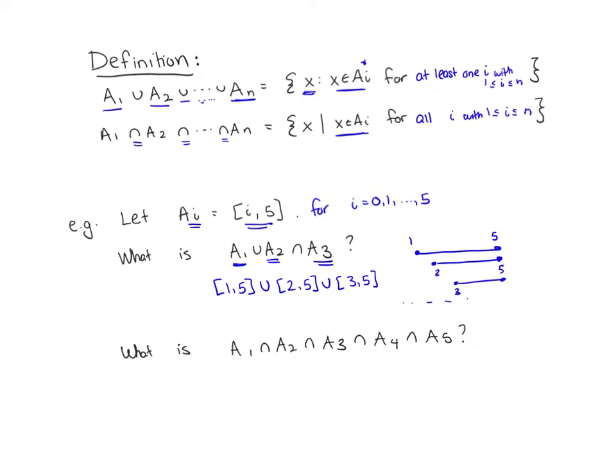So the union is going to be just that interval from 1 to 5. Right, so, careful here. I made a mistake. I accidentally drew an intersection.